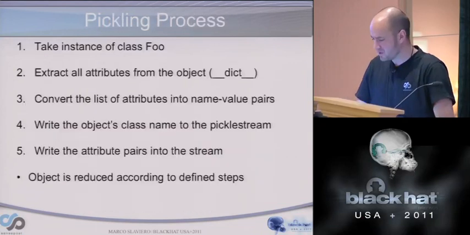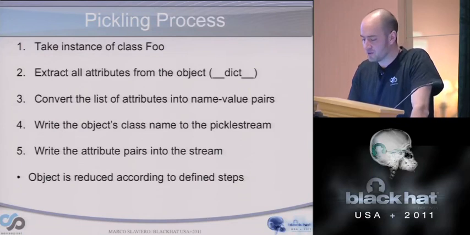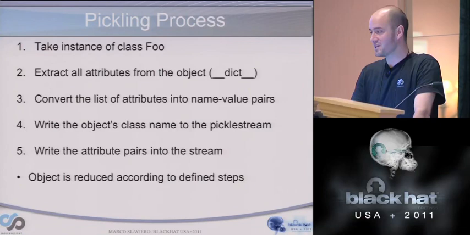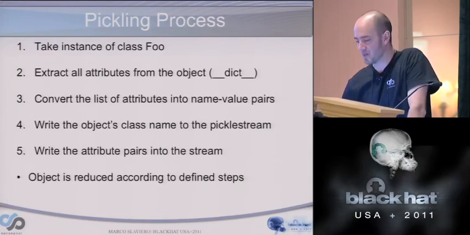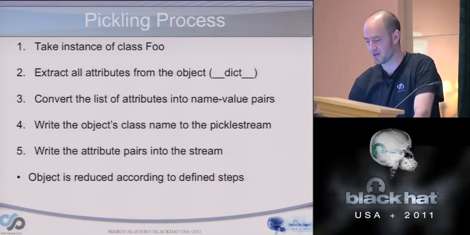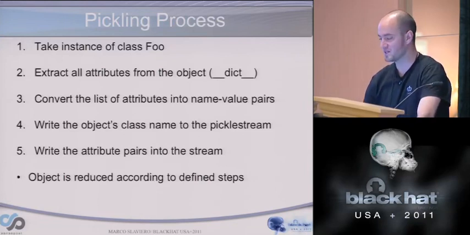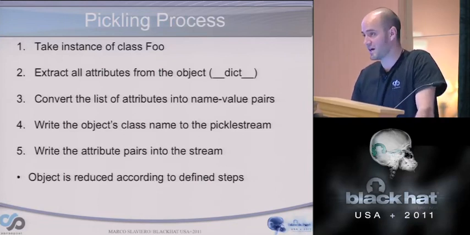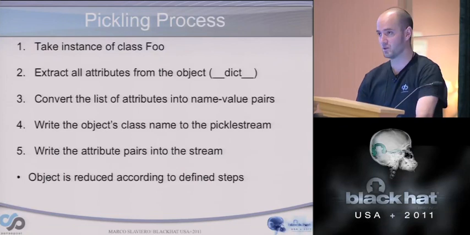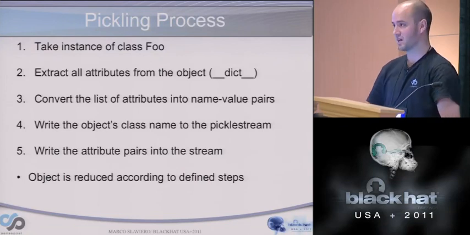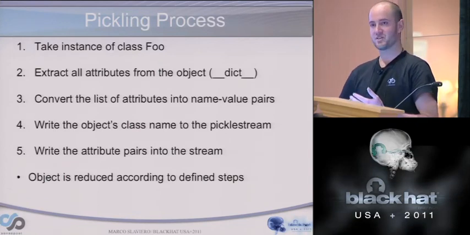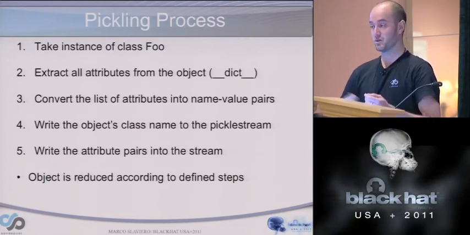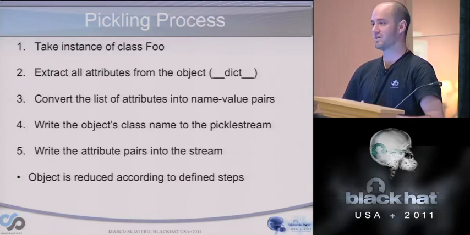So to look at a very high level at the pickling process and the unpickling process, this is essentially what happens. Now it glosses over very many details, and so it's not designed to give you a full insight. But essentially, when you're trying to create a serialized object from a stream of bytes, the Pickle module will extract the name of the class instance that it is trying to write out to a stream of bytes, and it will also extract a list of the attributes that are unique to this instance of the class.